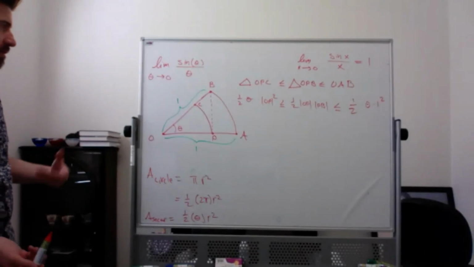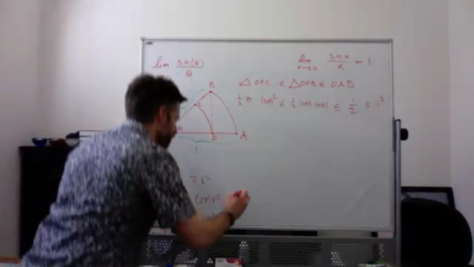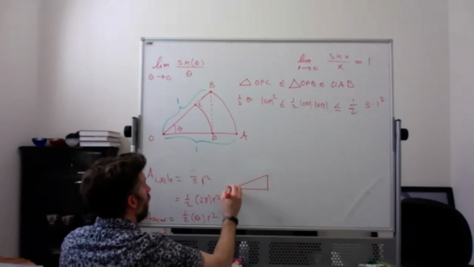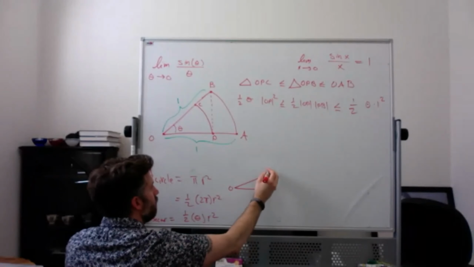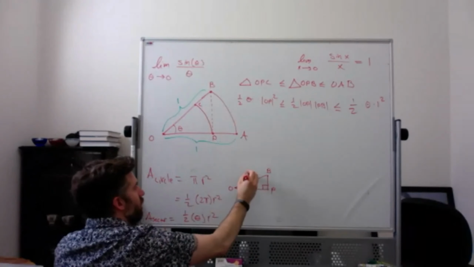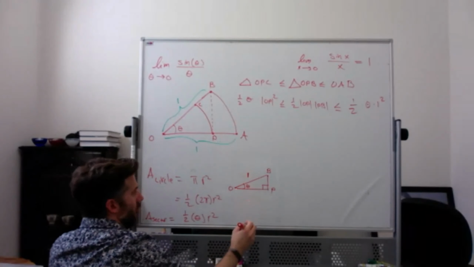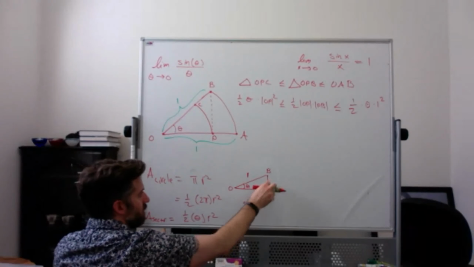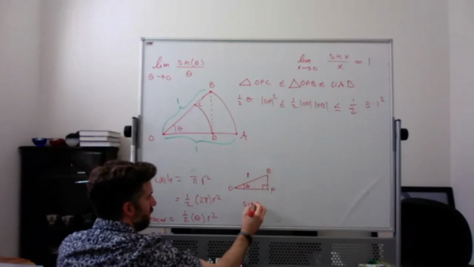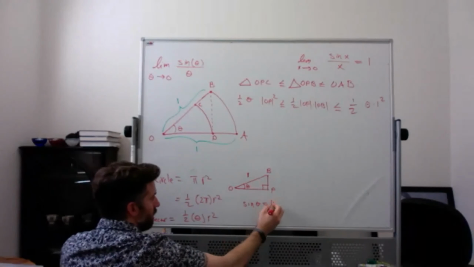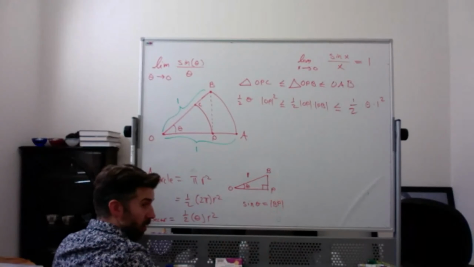So one more thing I need, in triangle OPB, where the length of the hypotenuse is 1, I can say that, well, if this is OP and this is BP, sine of theta is the opposite over the hypotenuse, which is just the length of BP divided by 1.